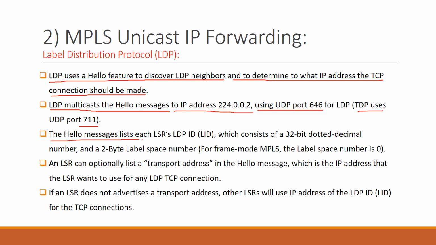The hello messages list each label switch router's label ID. So each label switch router should have an LID or LDP ID, label distribution protocol identification. This LID consists of a 32-bit dotted decimal.